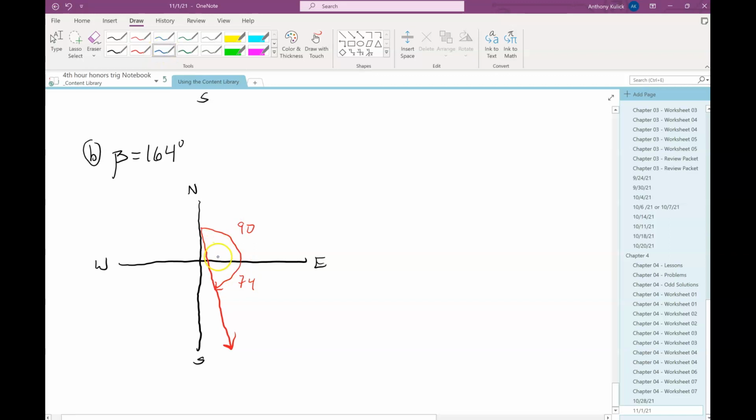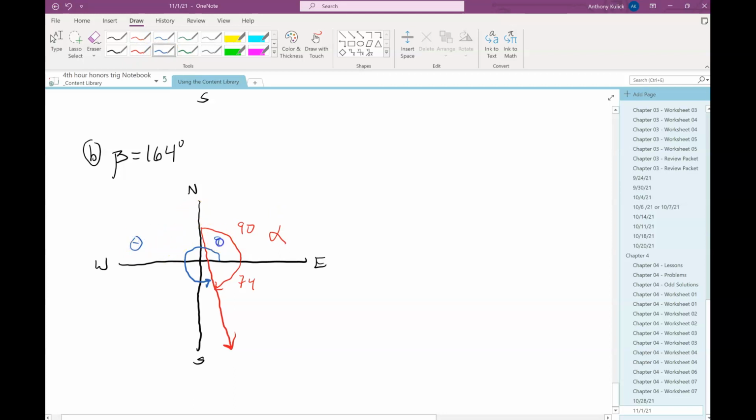And then our standard position angle is like this, right? Everybody's okay with that? So, well, let's label this. Red is alpha, blue is theta.